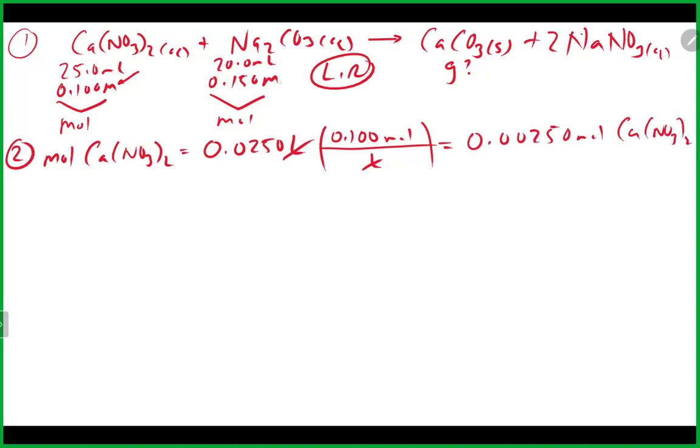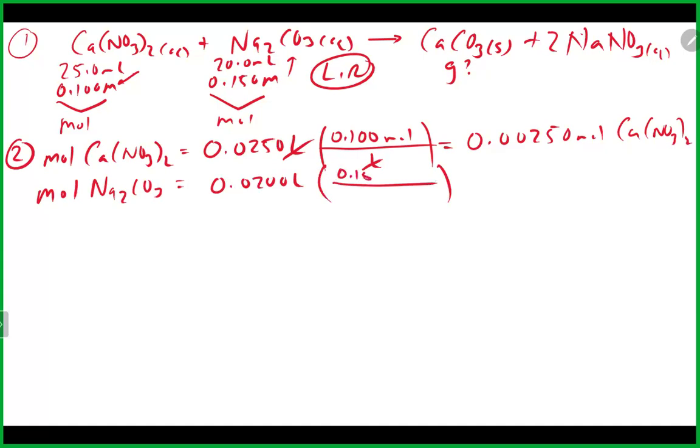We're going to do the exact same thing for our other reactant here. So converting our volume into liters, we can figure out our moles of sodium carbonate. So dividing the 20 by 1,000 gives us 0.02 liters, times the molarity, and that is 0.15.